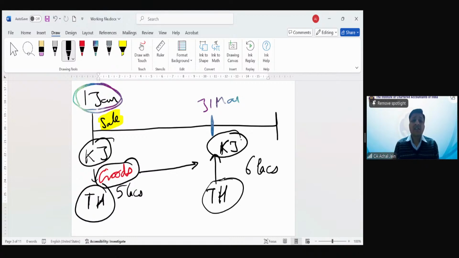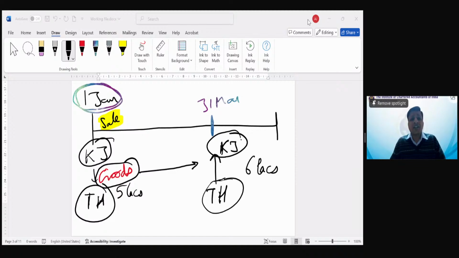So in this case, do you think that any sort of risk and rewards attached to these goods seems to have got transferred to TH? Tell me. Can we say there is a transfer of risk and reward from KJ to TH? Hardik says no. Clearly no. Why? Because today KJ is assured that these goods are going to come back to me.